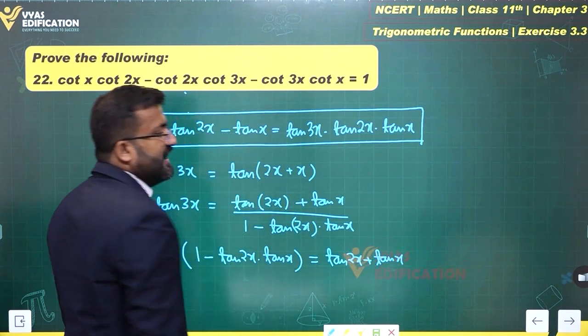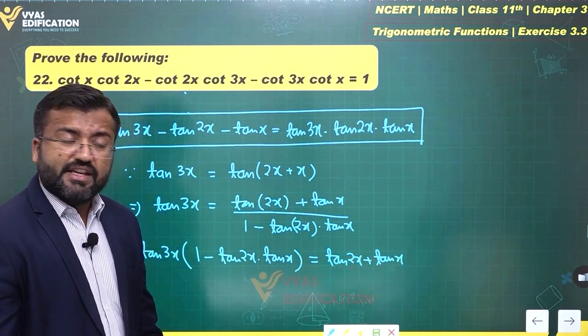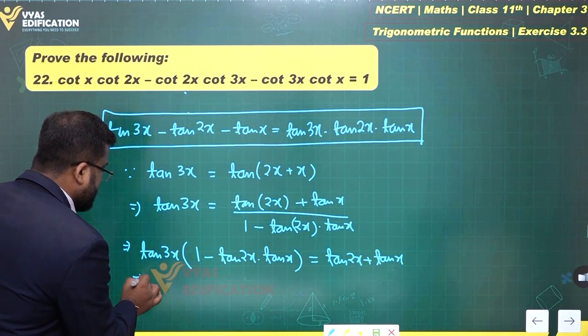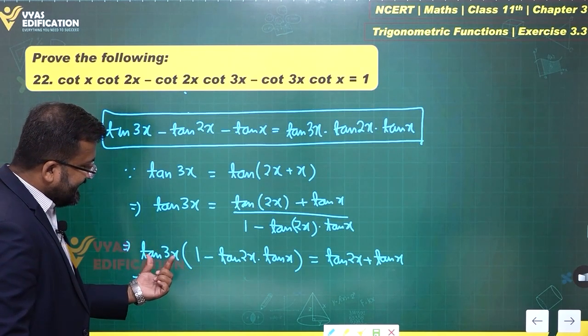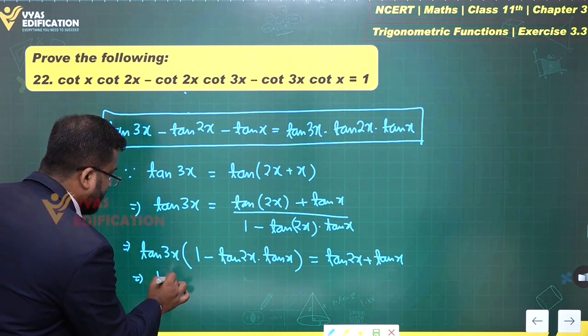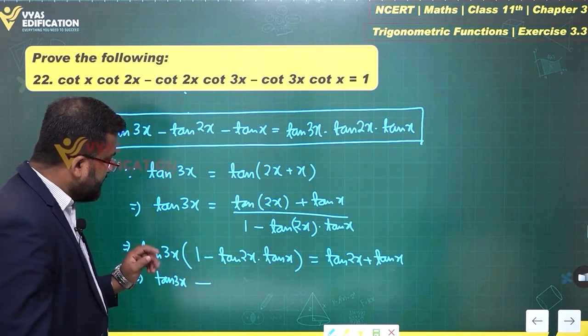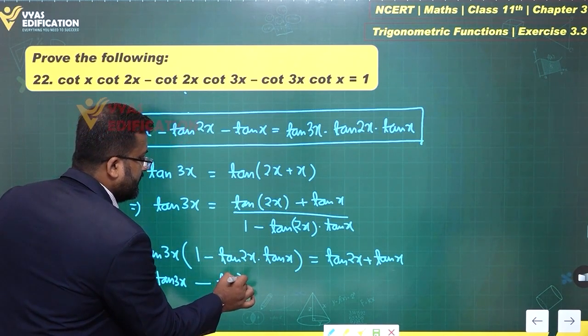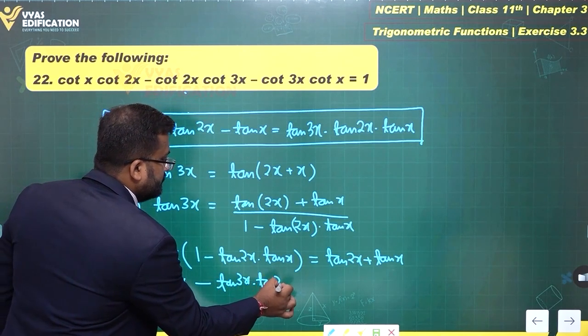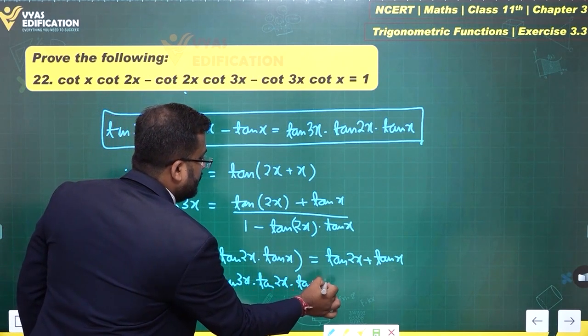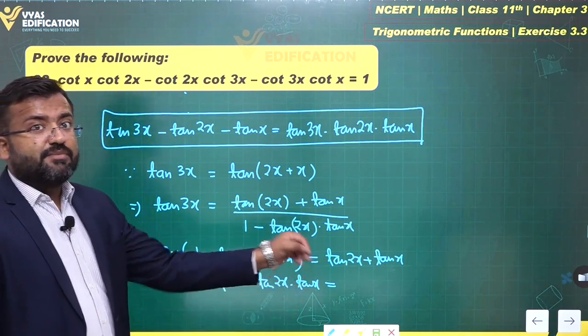Is that okay? Yes. Once you're through with this, tan 3x times 1 would be tan 3x minus tan 2x tan x times tan 3x, which is equal to tan 2x plus tan x.